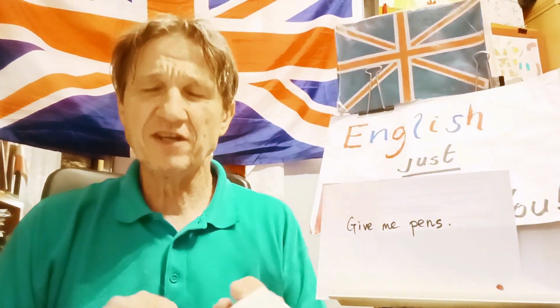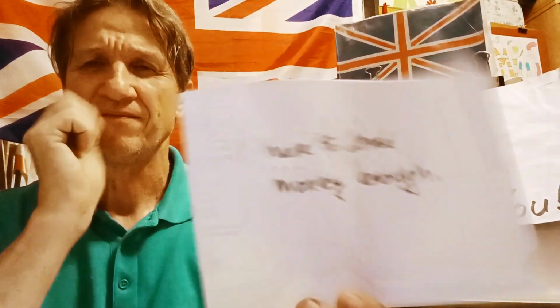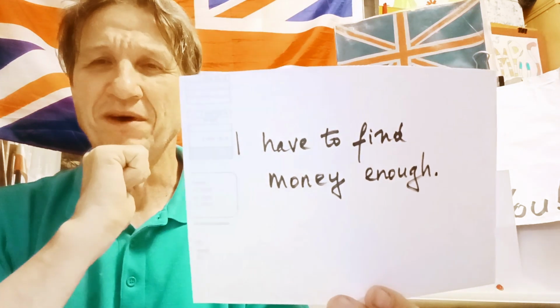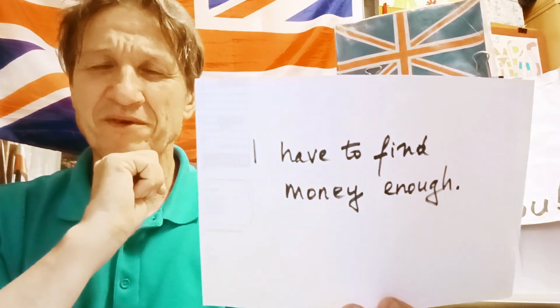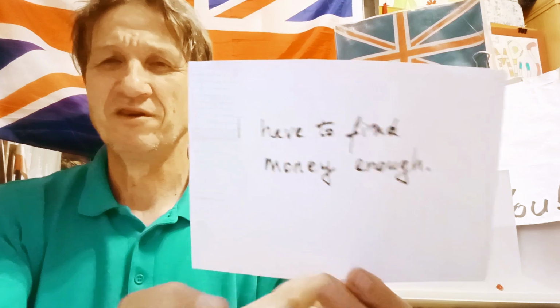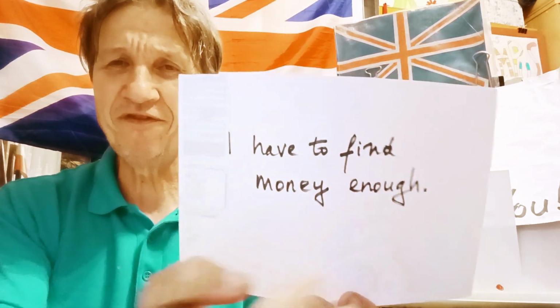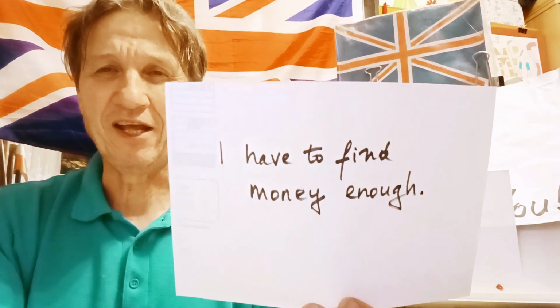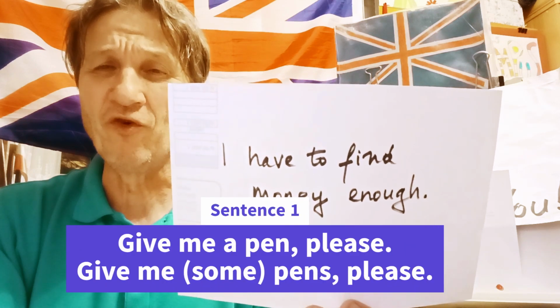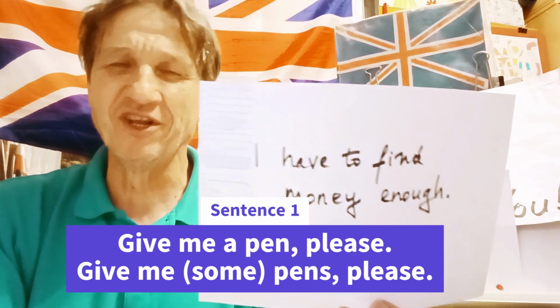We'll now look at sentence number 2. Sentence number 2, which is, I have to find money enough. The problem in this sentence is the position of the word enough. It's always after the adjective and before the noun.